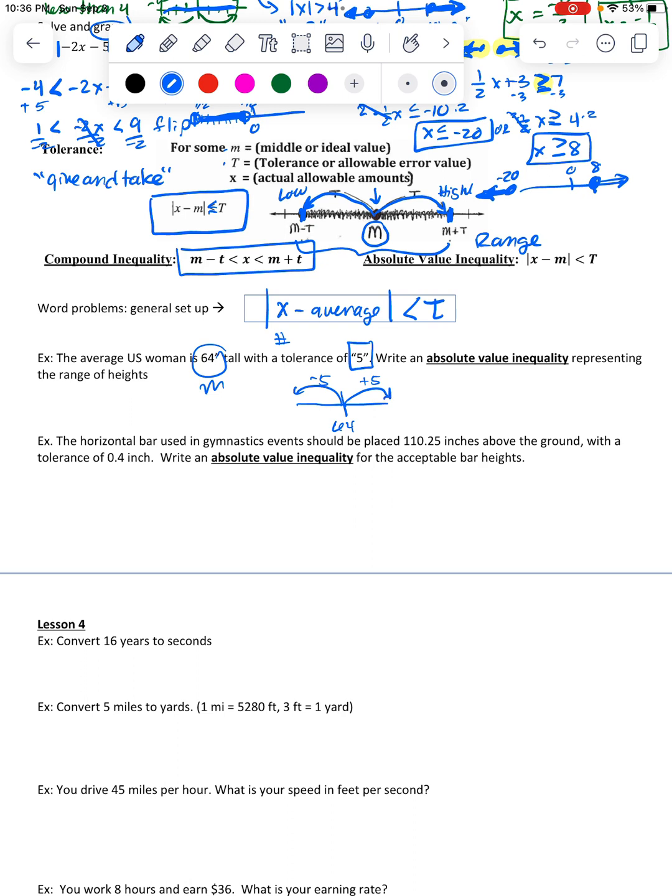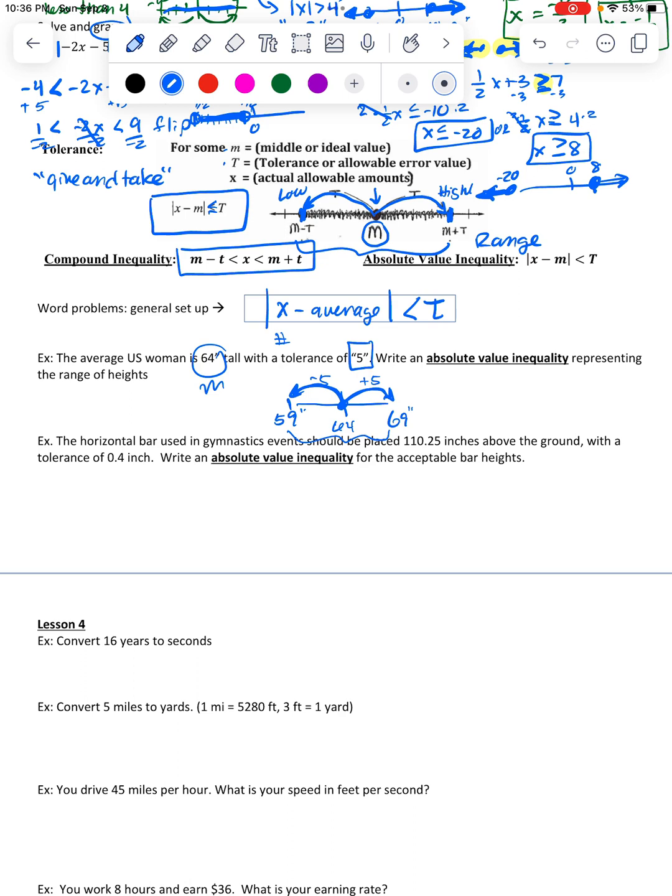If you look through that, or think through that before you start, then you're going to be less confused. So if this is the middle value, I go down 5, and that could go down to 59. And if you go up 5, that could go up to 69 inches tall. And so that's my range, with 64 being the middle. What it's asking me to do is write an absolute value equation.